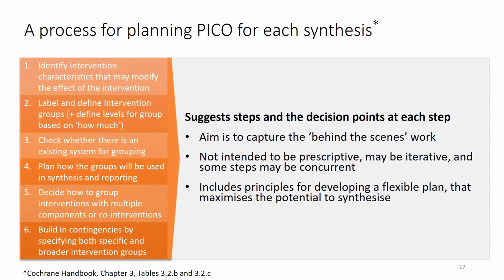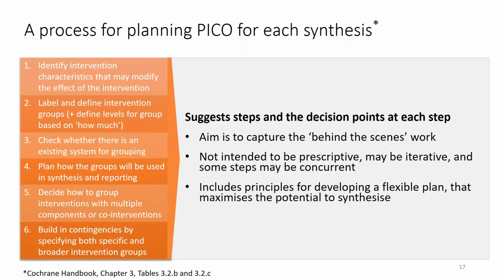It includes principles for developing a flexible plan that maximises the potential to synthesise, because we're very aware that often people have these ambitious aims to answer quite specific questions in their review, and they find an absence of data to do so or a lack of studies to do useful synthesis at that level. So we're suggesting some approaches that might help overcome that.